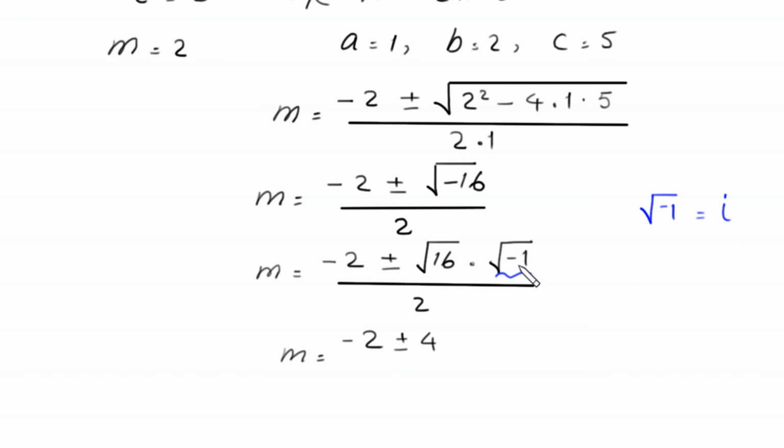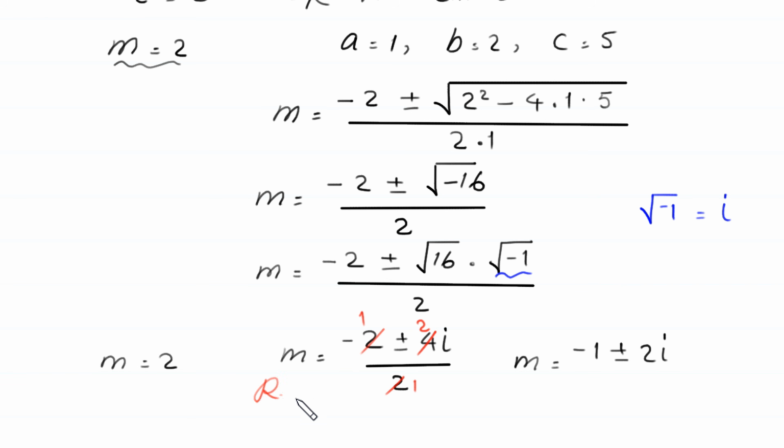So we replace this square root of negative 1 with i, divided by 2, and this 2 one time, 2 one time, 2 two times 4. So m will be equal to negative 1 plus or minus 2 times i, and from here m is equal to 2.